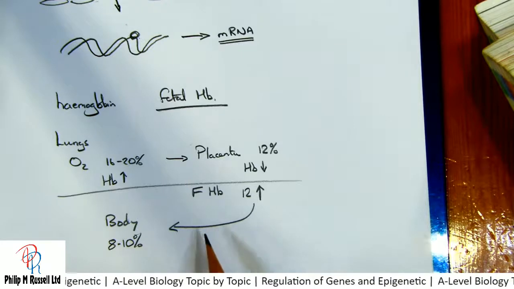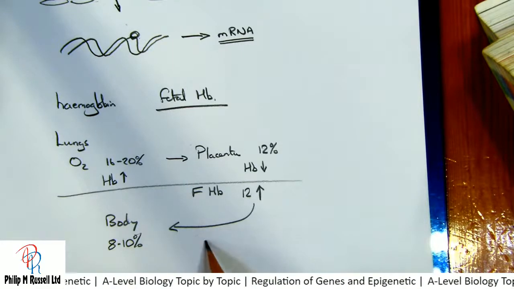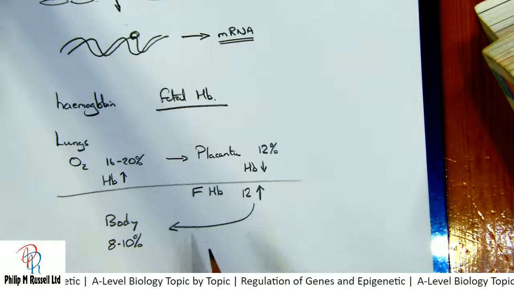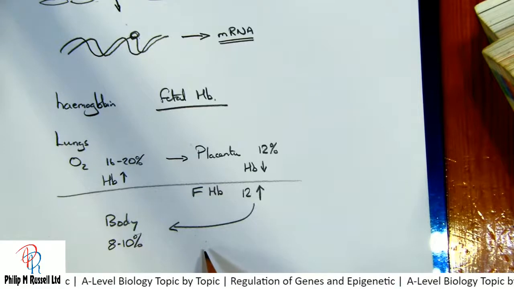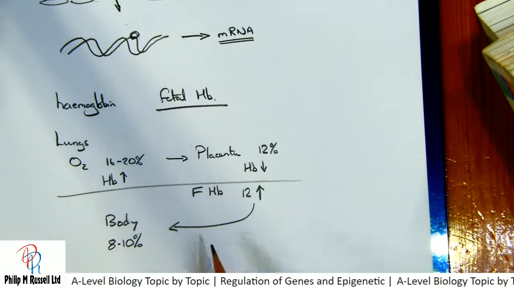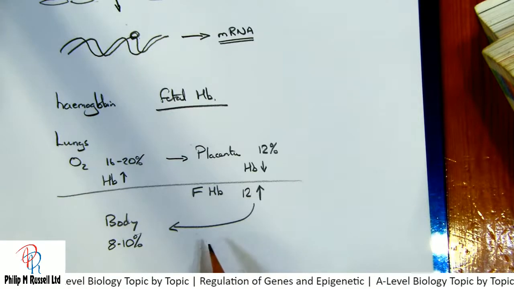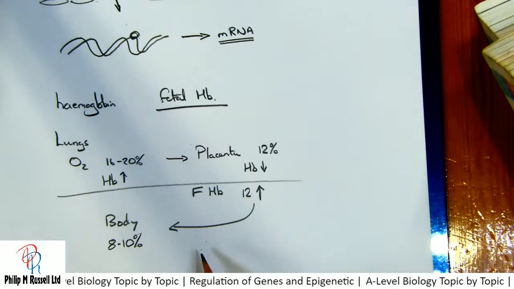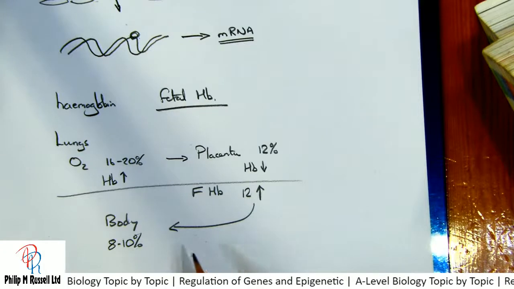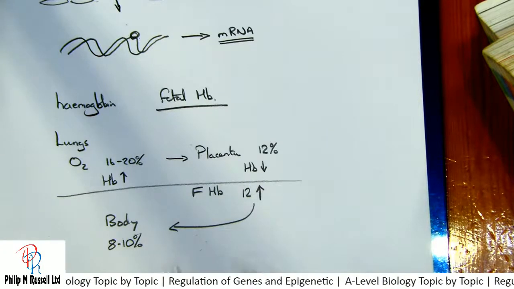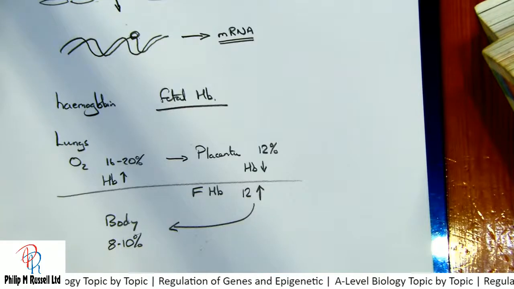So we work out that the fetal hemoglobin has a greater affinity for oxygen than adult hemoglobin, and we've got different genes controlling this, and it depends on which of these genes are expressed at different times.